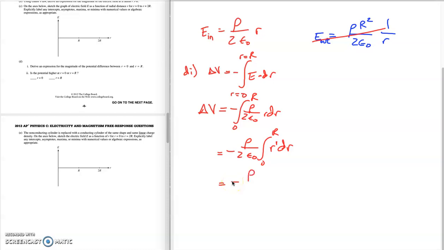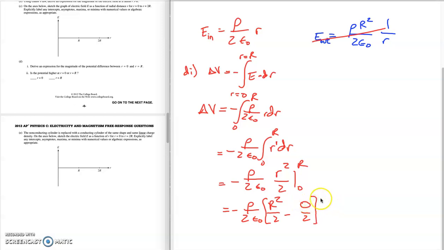So this will be minus rho over 2 epsilon naught r squared over 2, and then we will evaluate between 0 and R. And having done that, our lower limit is just 0 anyway, so we don't really care about that. And what you should notice is that the change in electric potential, starting at 0 and going to the radius R, gives us a negative as part of our answer.